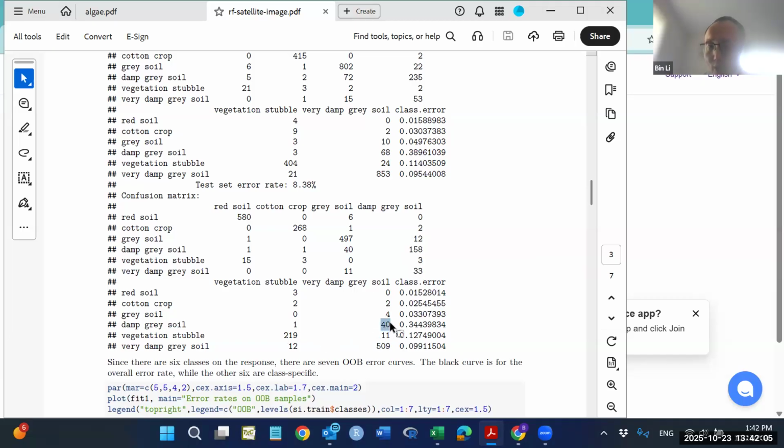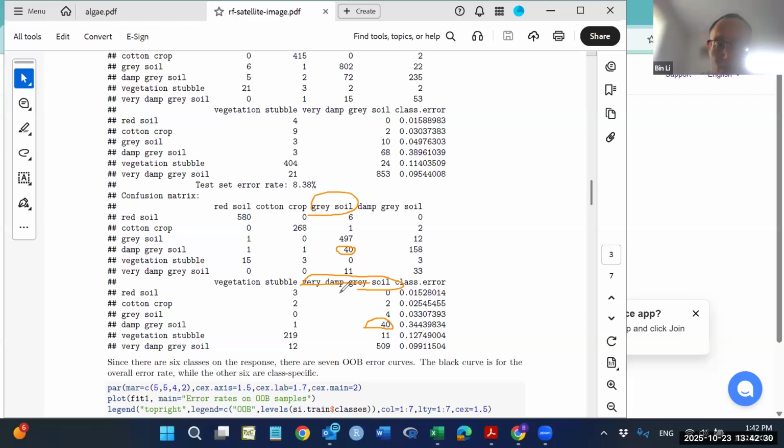You can see the damp gray soil is misclassified mainly as the gray soil as well as the very damp gray soil.